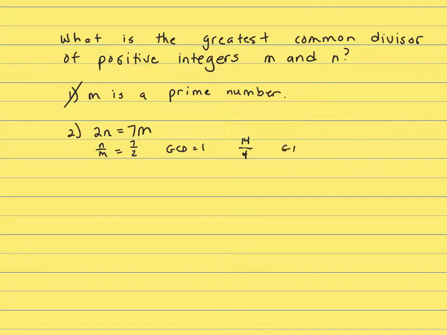But the GCD of this would be 2. So I'm getting conflicting information. So clue 2 does not work by itself.